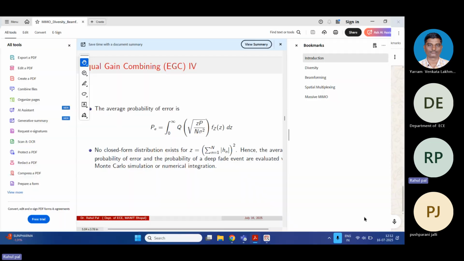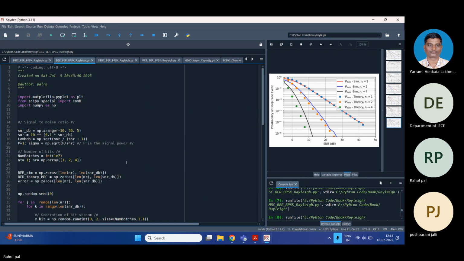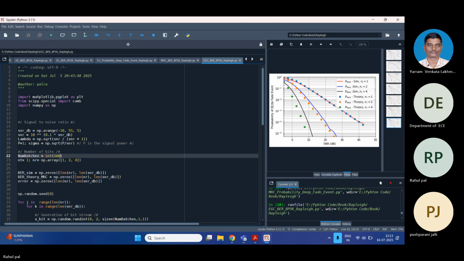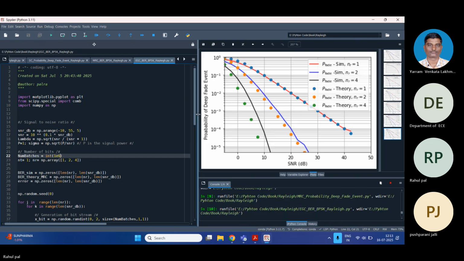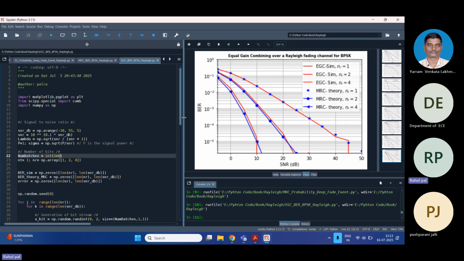So I have shared the code. So let me run this code also. And now we have the selection combining, in which the maximum and minimum sector correspond to the maximum signal ratio.